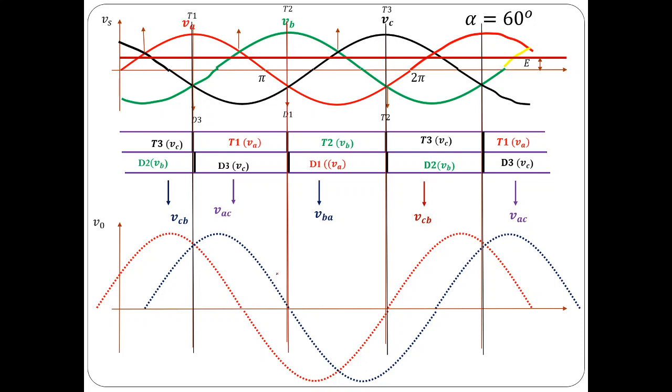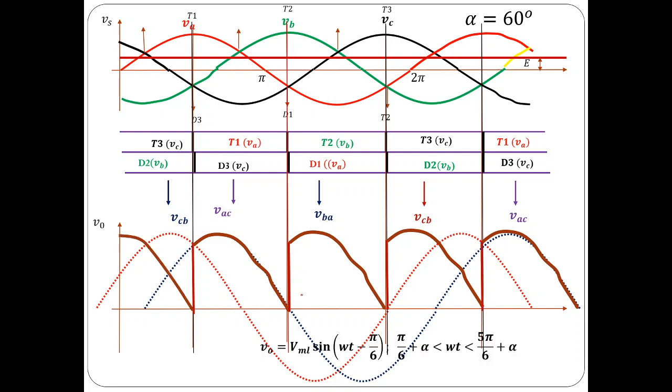So you sketch that, and its magnitude is equal to root 3 times the phase voltage, assuming that the supply is star connected. Now for this case, let me indicate that the output voltage is the same as VAC for this period. The same kind of wave shape would be repeated for the remaining cycles also.